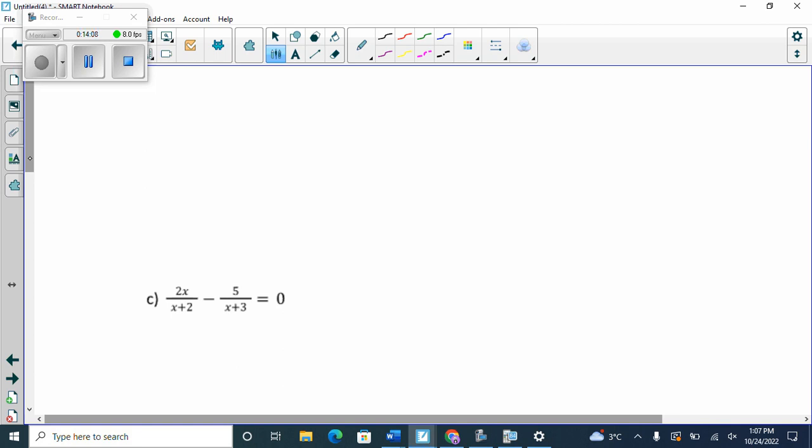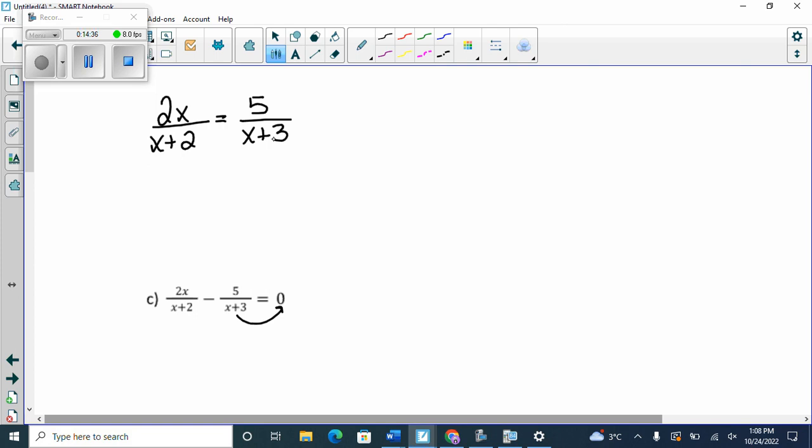So this looks different than the other ones because the other ones I just had rational equals rational. We agree? What I could do to this one though first is add this whole rational over. So I would get 2x over x plus 2 equals, and I can add this whole thing over. So I get 5 over x plus 3. So I move the whole rational over.